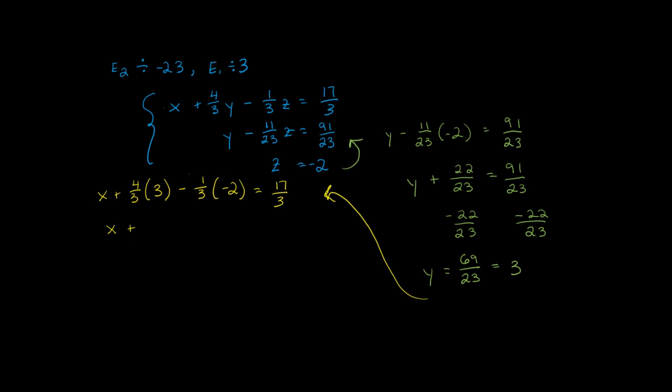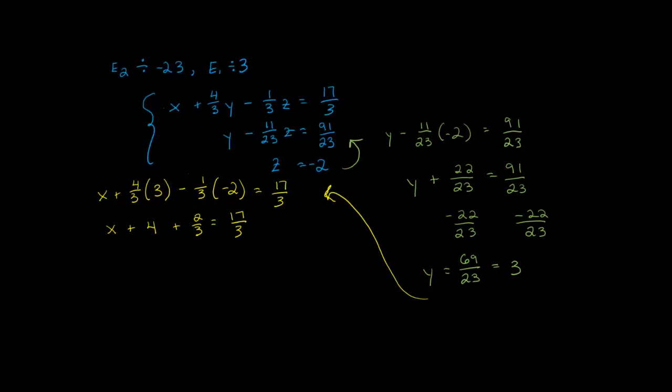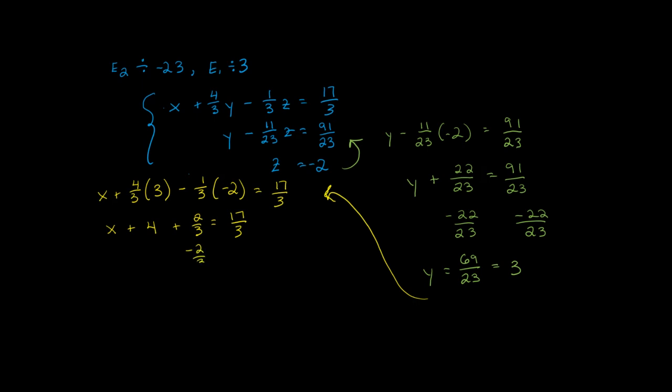So x plus 4 plus 2/3 equals 17/3. I'm actually going to subtract my 2/3 first because that's going to give me a whole number. 17/3 minus 2/3. That is 15/3. And 15 divided by 3 is 5.